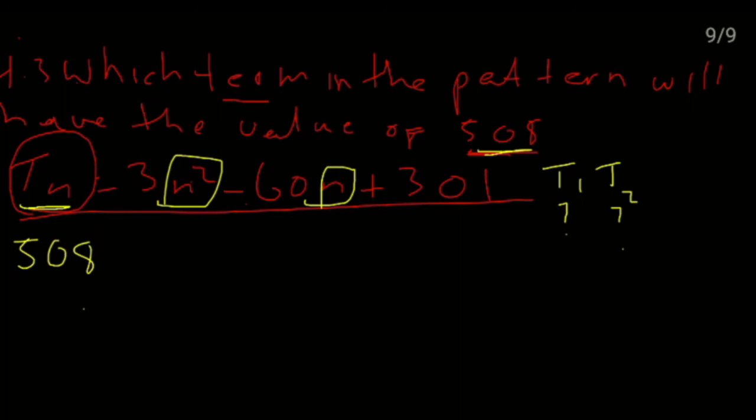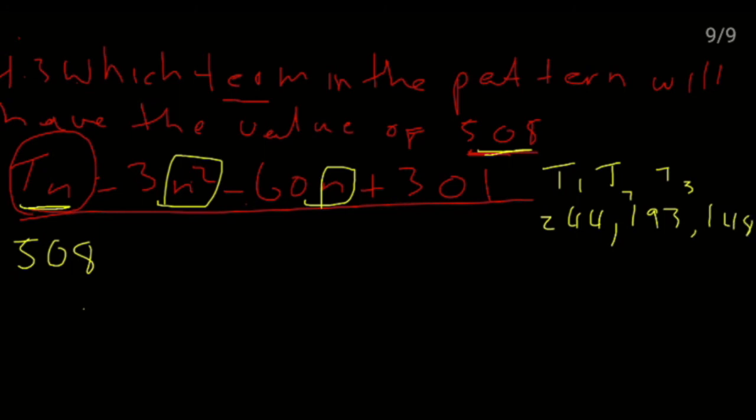Actually we do have the values, sorry, let me just write them down. We know T1 to be 244, and then T2 to be 193, and then T3 to be 148, and so on and so on.